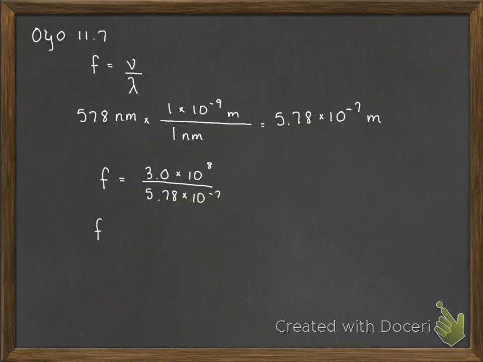So when we do the division, we've got 2 significant digits in the numerator and 3 here in the denominator, so we need to keep 2 of them. You'll plug that into your calculator and you will get 5.2 times 10 to the 14th hertz. Okay, simple enough.